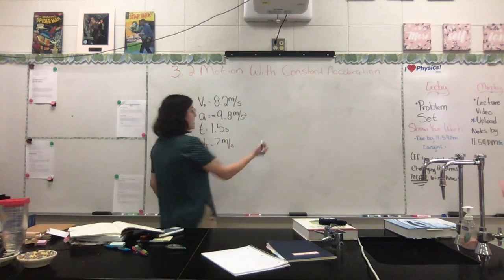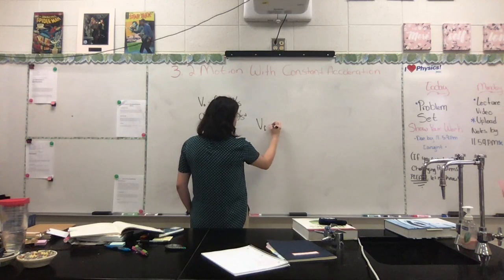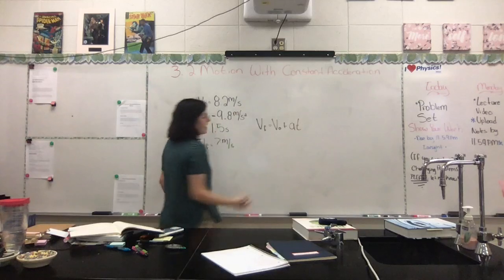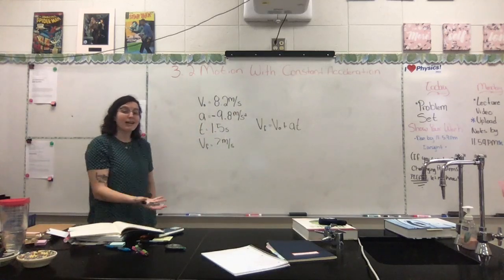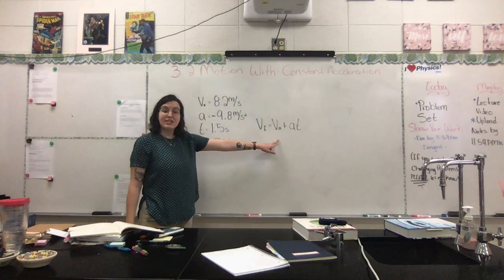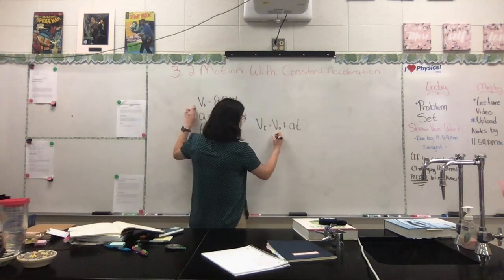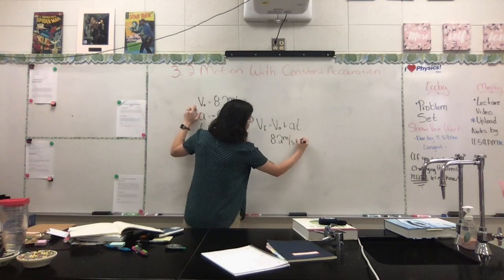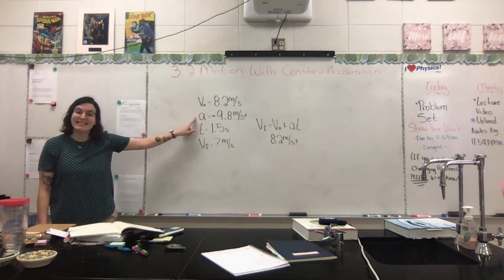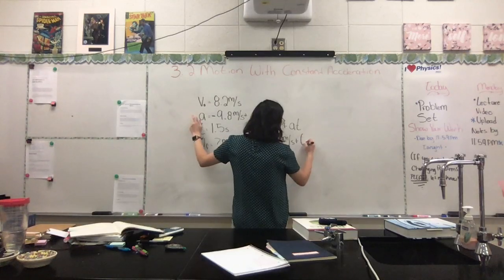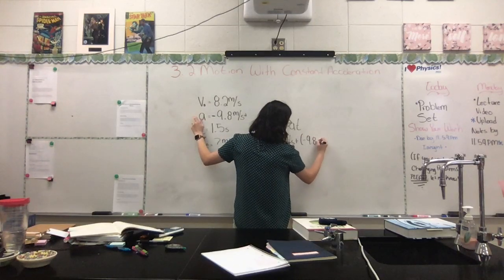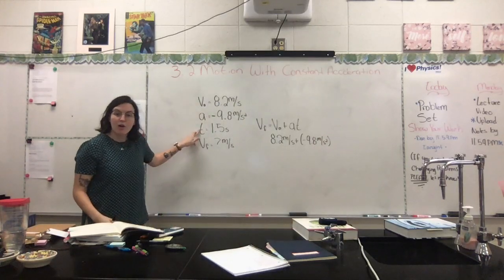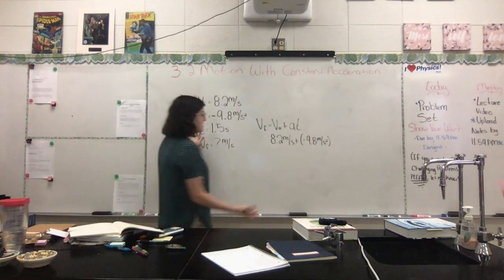So we'll use our equation that we just learned, that our final velocity is equal to our initial velocity plus our acceleration times our time. When we plug in our values, we know that our initial velocity is 8.2 meters per second, plus our acceleration, which we were told is negative 9.8 meters per second squared, times our time, which is going to be 1.5 seconds.